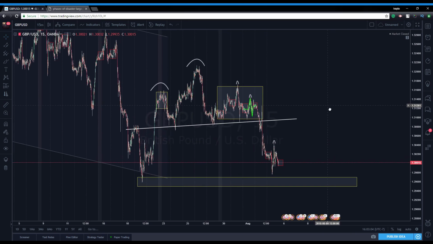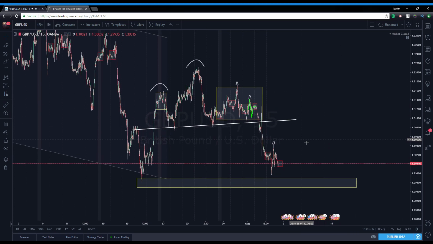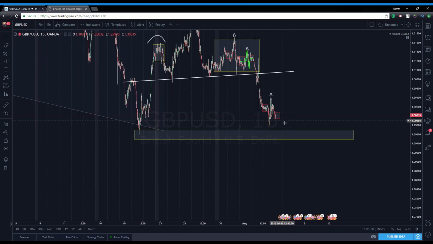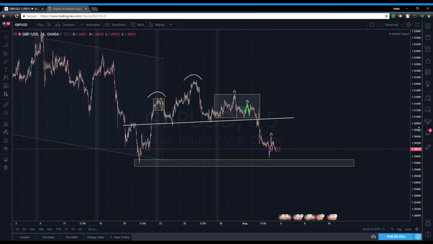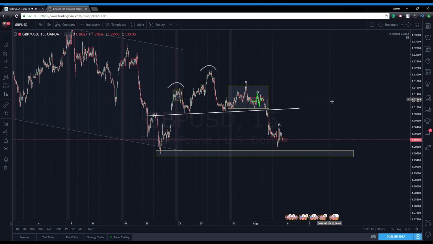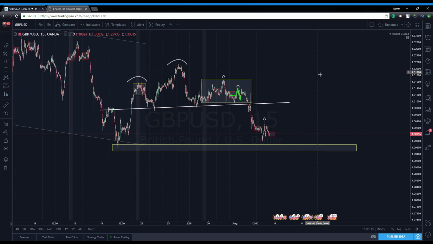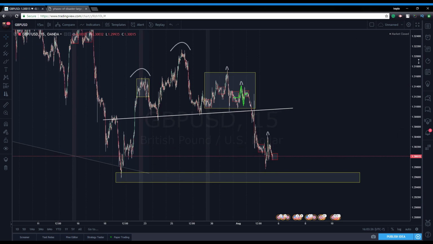Now obviously there's the possibility that this level is not gonna hold and we're just gonna go through this level, which is okay. I'm just trying to give you a little bit more in-depth picture of the whole move that can possibly happen, especially if you're a seller in this market.